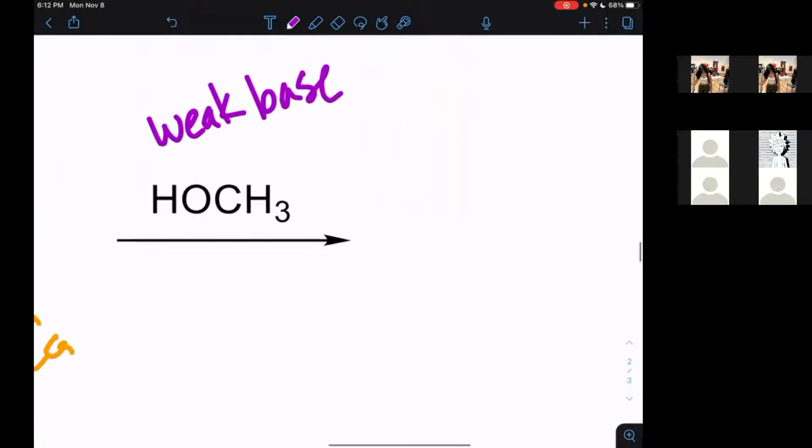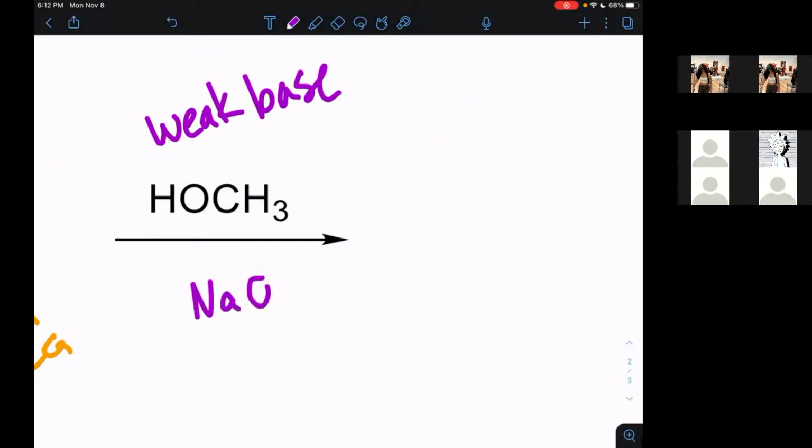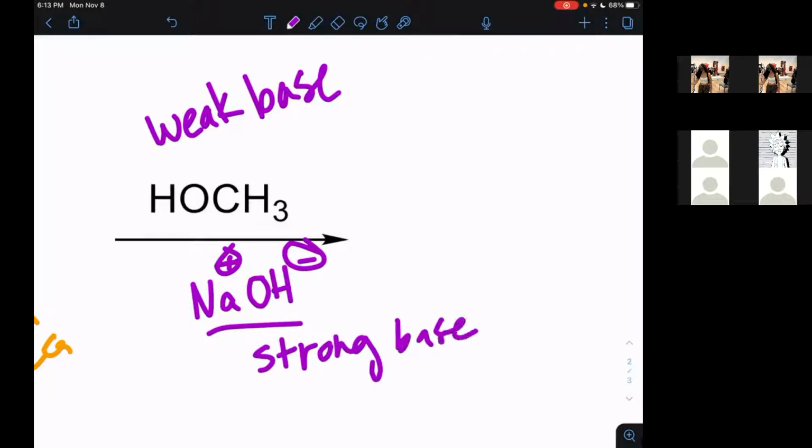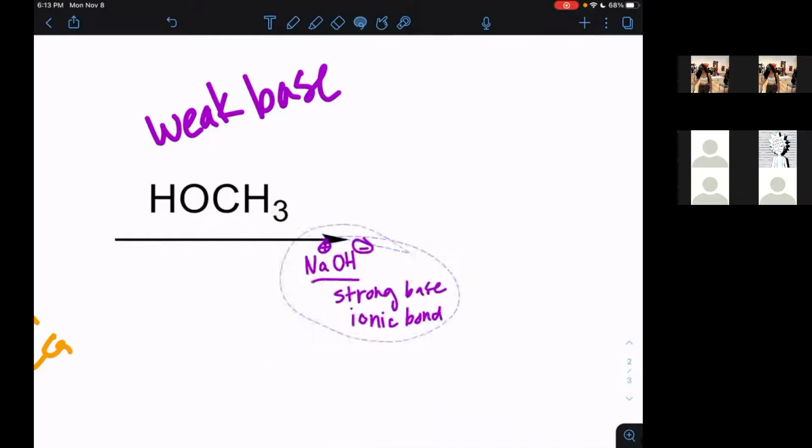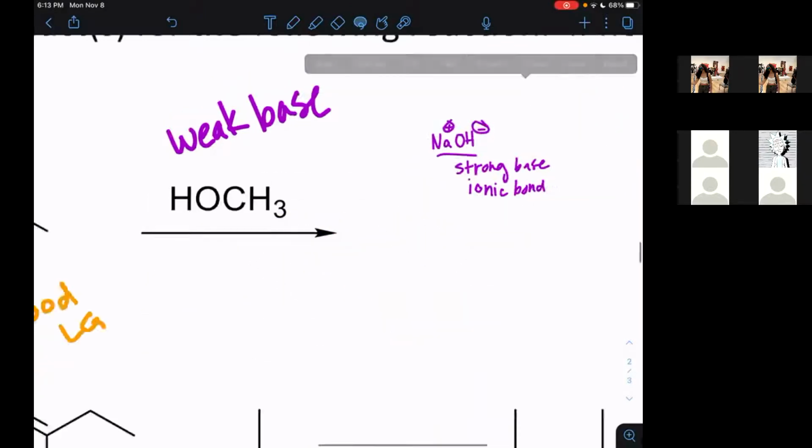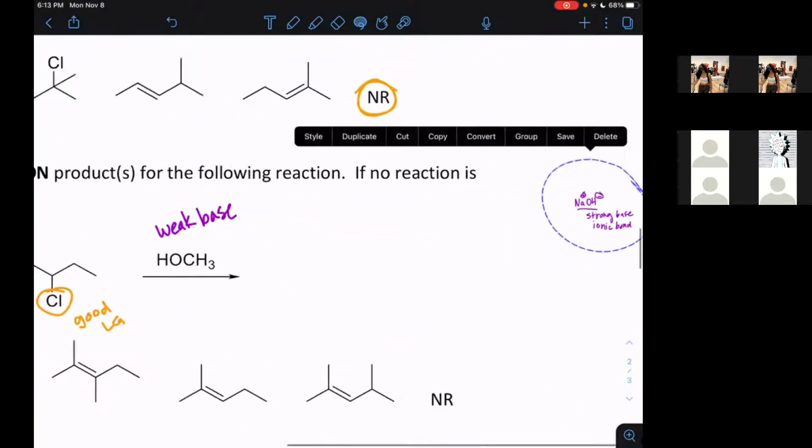I usually go by, if there's an ionic bond, then you know it's a strong base. So if this was like NaOH, well, that's also obvious, but if it's an ionic bond, then you know it's a strong base. Okay. I'll just put that on the side there.